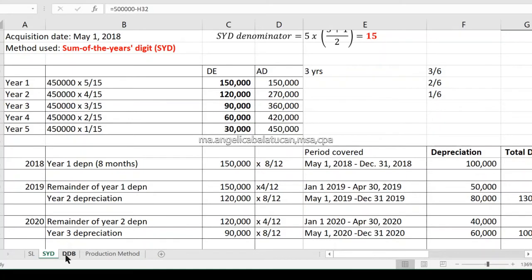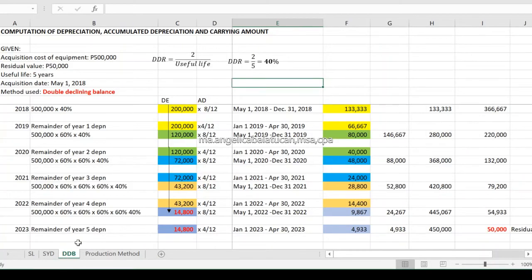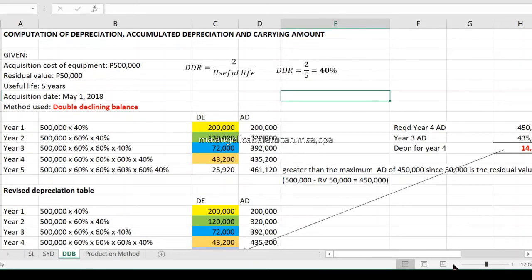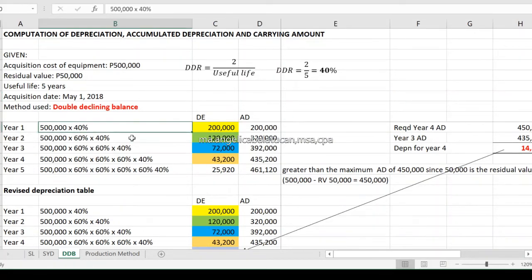Next would be the double declining balance. Okay, so double declining balance is more complicated compared to the SYD. So now let's explore how this is being done. Okay, so same given, but this is double declining balance. So we need to get the double declining balance rate.